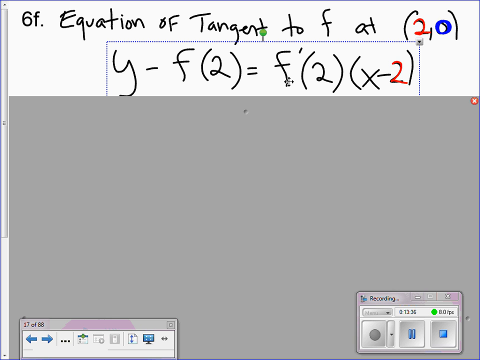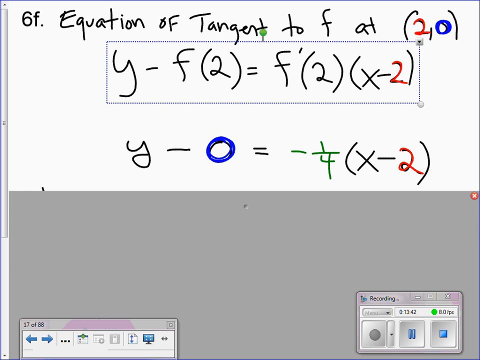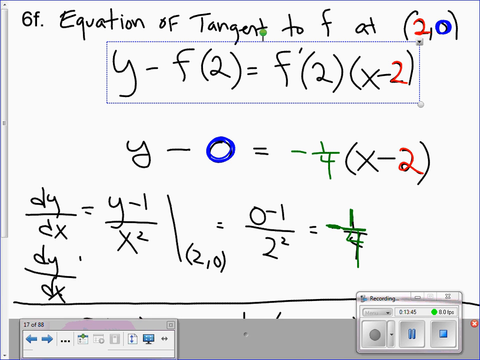The only thing you have to get is the derivative. They give you the derivative. This is a differential equation problem. So to get this slope, you just got to take the derivative, which is (y minus 1) over x squared, and plug in the 2 for the x and the 0 for the y. And you plug and you chug and get negative 1/4. That goes here.